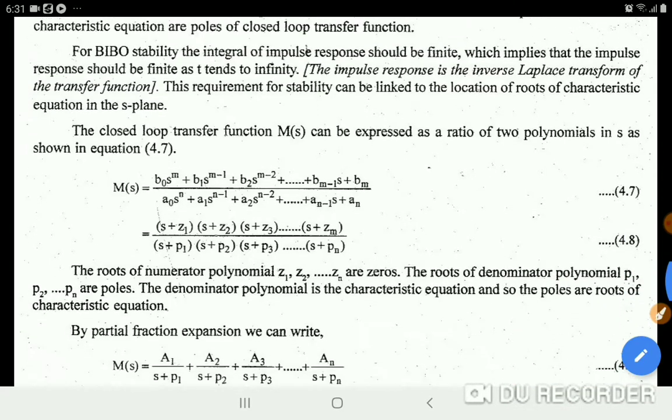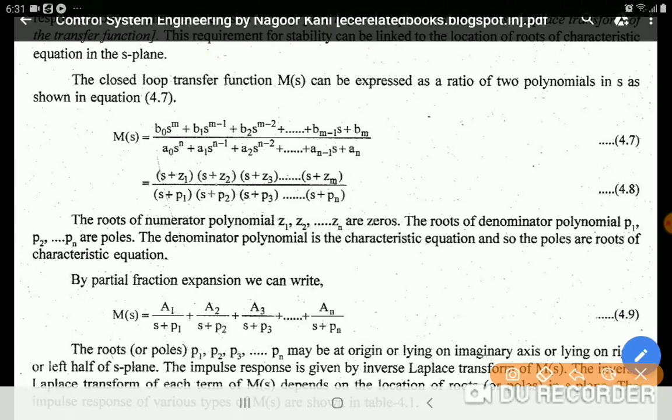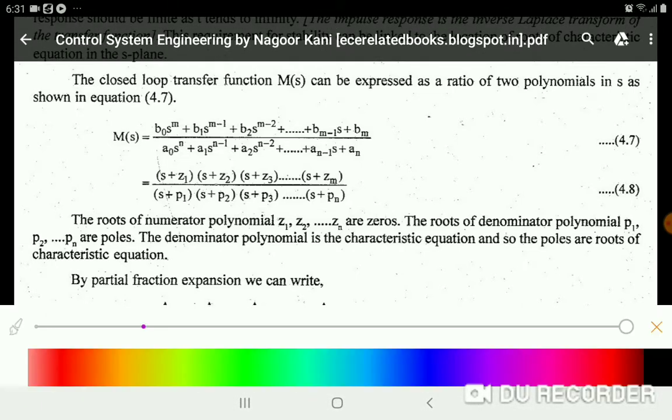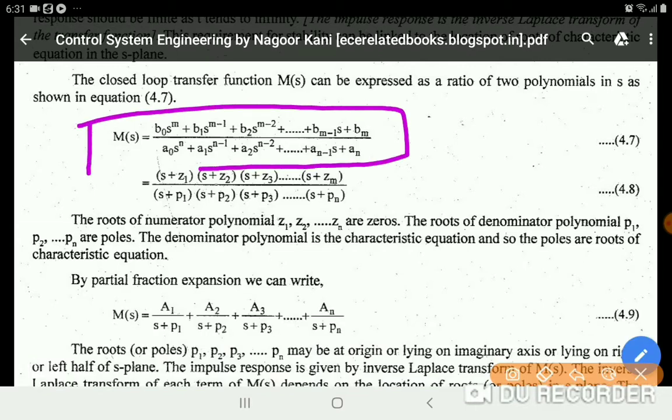Let us consider a closed loop transfer function. Let it be M of s equal to b naught s power m plus b1 s power m minus 1, and so on up to bm.